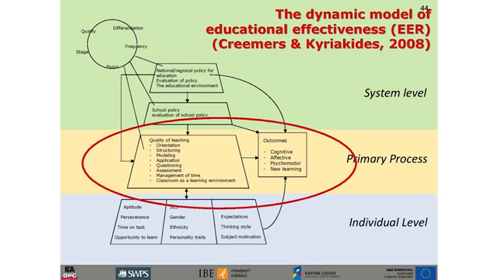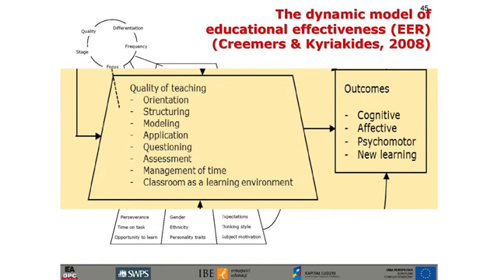And we will take a look first on this middle level here on the primary process, as this is the core of the interest in school effectiveness research, namely on the quality of teaching. And you see there's a couple of different quality variables included into that, and also, of course, diverse outcomes are considered, and they are a little bit different from those in the previous model.